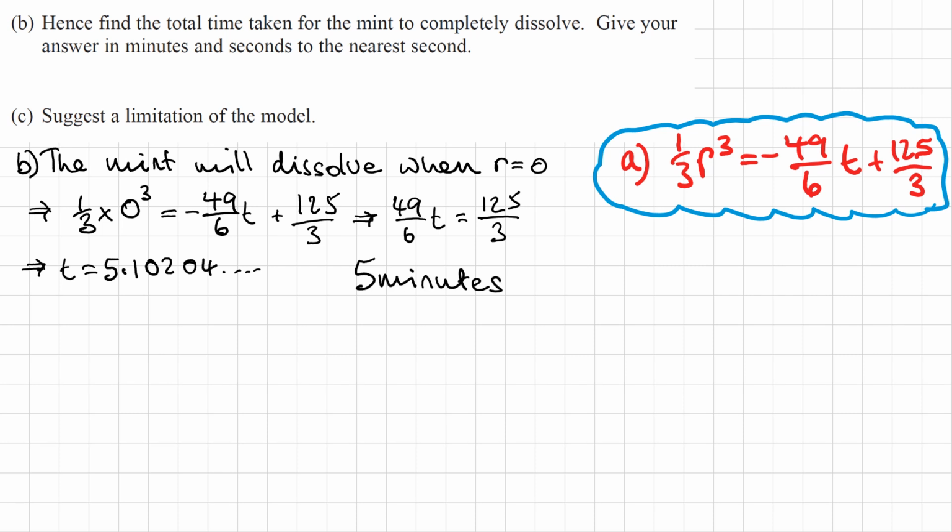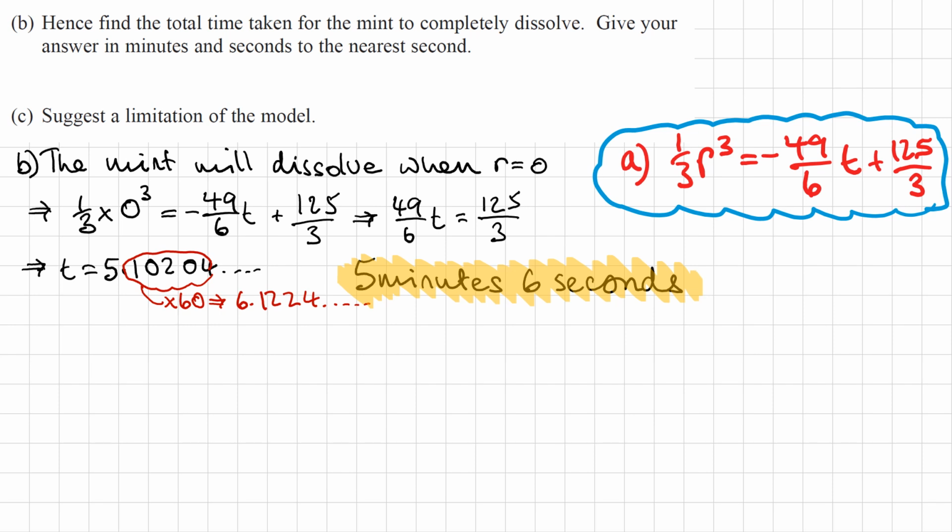Now what we need to do is to take this decimal part here and times it by 60, because it's going to be a fraction of a minute, and that gives me 6.1224 and so on. So 6 and a bit seconds. We want the answer to the nearest second, so 5 minutes and 6 seconds. That's how long, according to this model, it is going to take for this mint to completely dissolve.